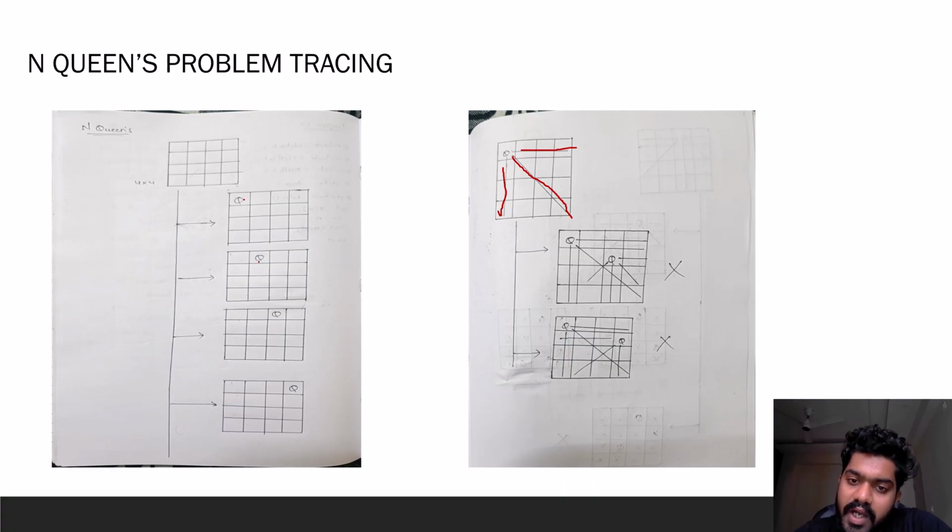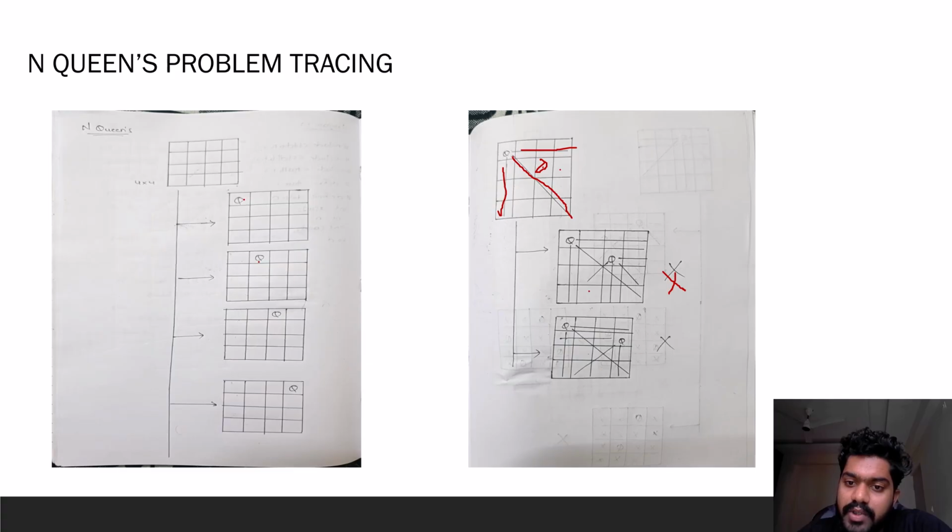In the second row, I have only 2 places left to put a queen. I'll put it here. After putting it here, all the places are ruled out because of the diagonal, row and column cases. Only one is left. Okay, I have put 2 queens and 1 place is left. I can put a queen there, and as of now I'll have only 3 queens in the 4x4 chessboard, but I have to put 4 queens, then it becomes a solution.